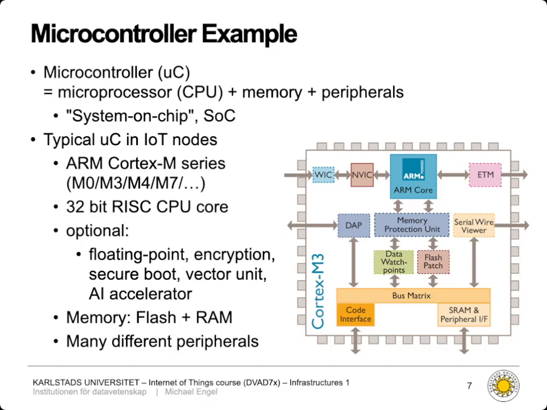And if you want to build a chip based on an ARM core plus peripherals and memory, you can license this intellectual property from ARM, design your own chip and manufacture it yourself or have it manufactured somewhere. So essentially, ARM doesn't build chips nowadays, except of course for some test chips and stuff like that, but it just sells the blueprints for building chips.